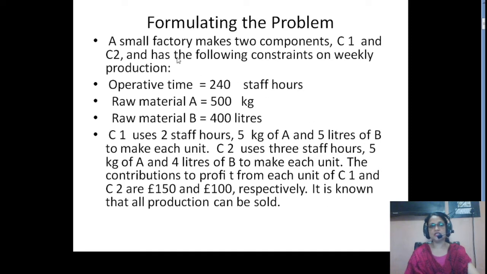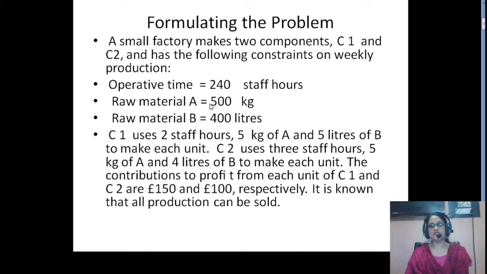The situation says a small factory makes two components C1 and C2 and has the following constraints on weekly production. Operating time 240 staff hours, raw material A 500 kg, raw material B 400 liters, right? So these are the three constraints confronted by this small factory, right?